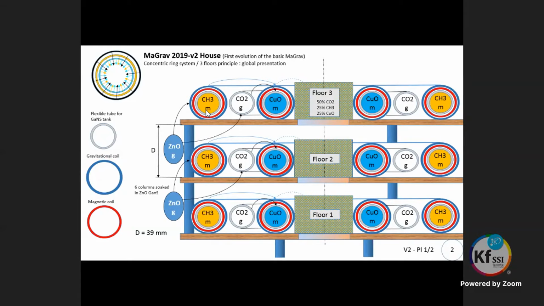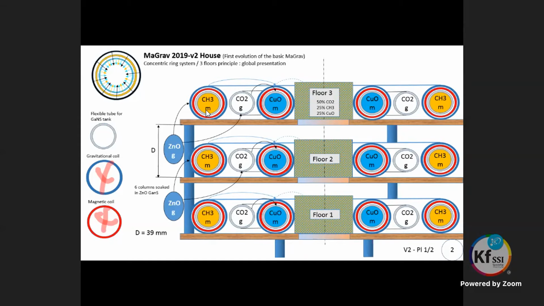But Mr. Keshe told us that the external coils were gravitational, and the small coils in red on the scheme, this is magnetical, this is gravitational.